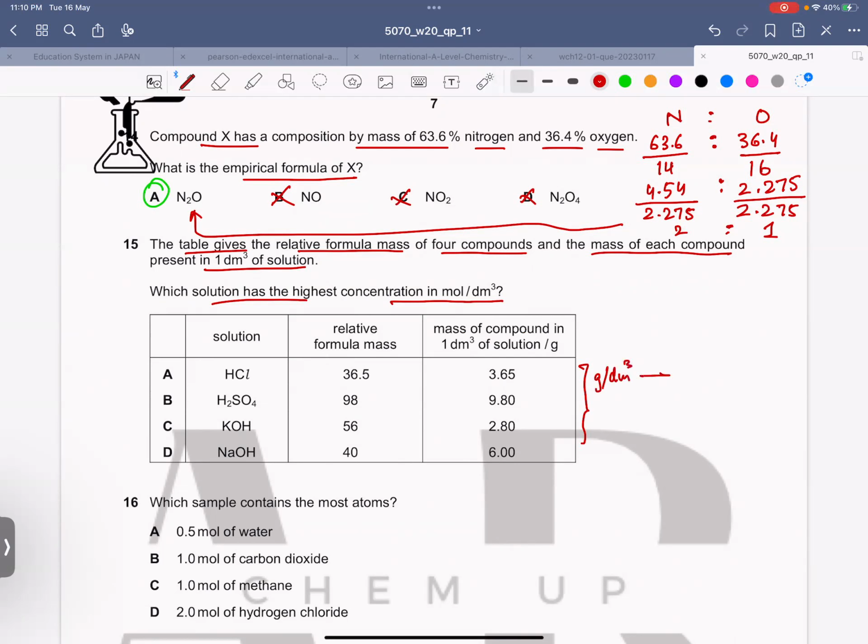So we have to convert it into mole per dm cube by just dividing them by their MR. If we divide them by their MR, then we get the moles, and the one having the greatest mole has the greatest concentration. Is this understandable?